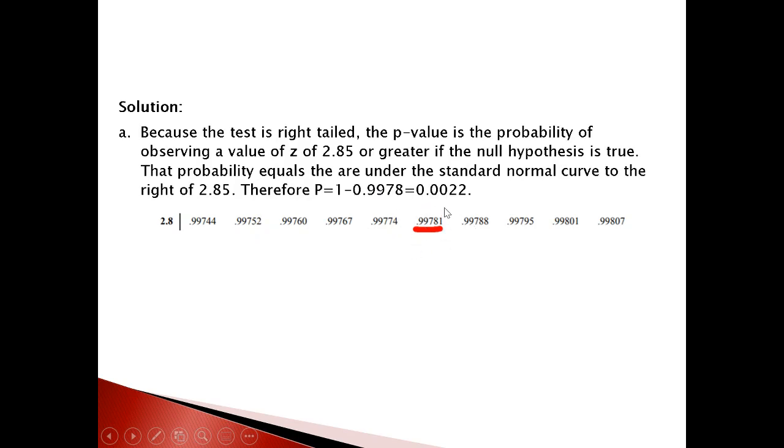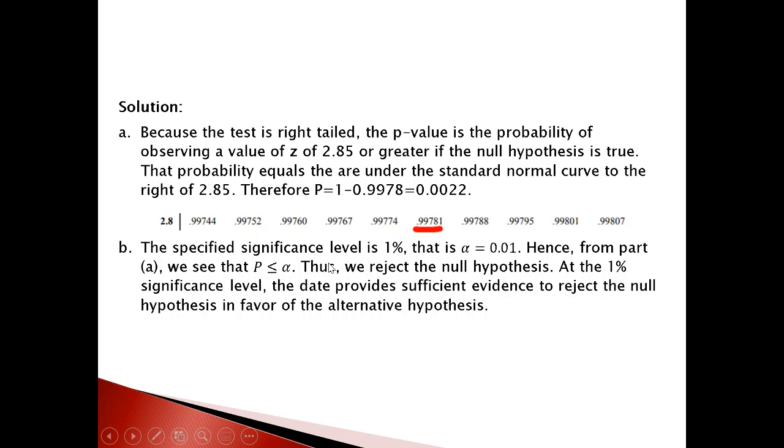Again, this is the area to the left, but we need the area to the right because we're talking about the right tail test. So total area 1 minus the area to the left gives you the area to the right. This number is very small, and here the significance level is 1%, which is 0.01. Since the p-value 0.0022 is less than or equal to 0.01, clearly it's less than 0.01, so we reject the null hypothesis, which means we do have sufficient evidence to reject the null hypothesis in favor of the alternative hypothesis.